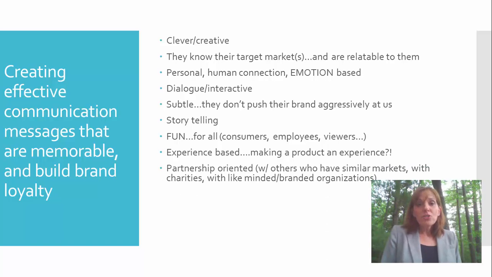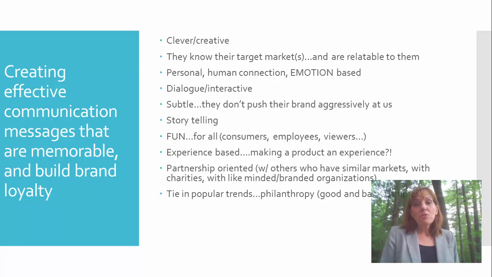Very partnership-oriented. So many of the things that you shared were with others who have similar markets and strong brands, strong presence, certainly with charities, but also like-minded organizations, both value like-minded and tactically like-minded in terms of target market. Tie in popular trends like philanthropy. Certainly charitable causes are hot, right? And cause-related marketing is certainly a hot topic, and we put that under community relations.